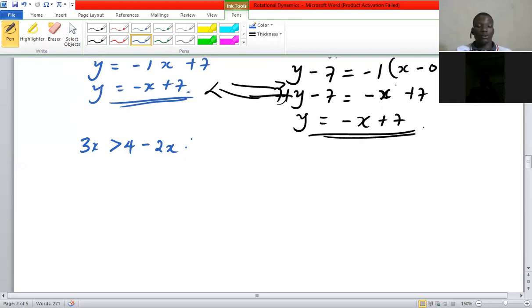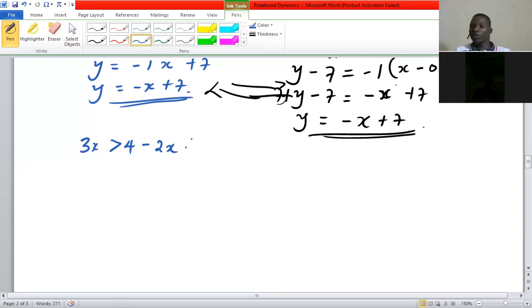So now what do we do? The first thing that you do there, you have to make sure that you have these things put in order. You have to rearrange the inequality in order.